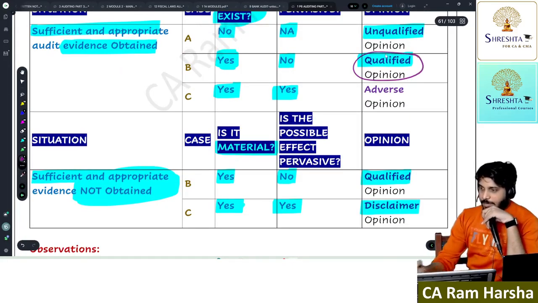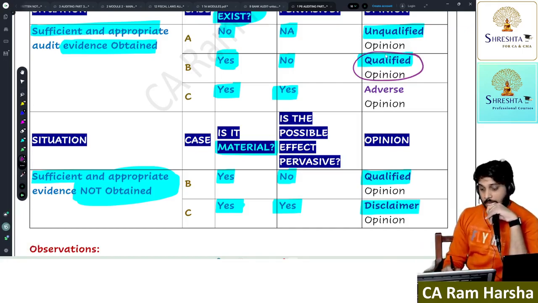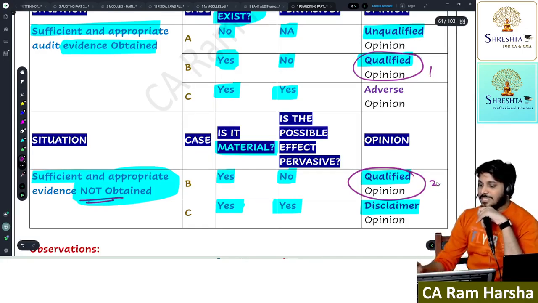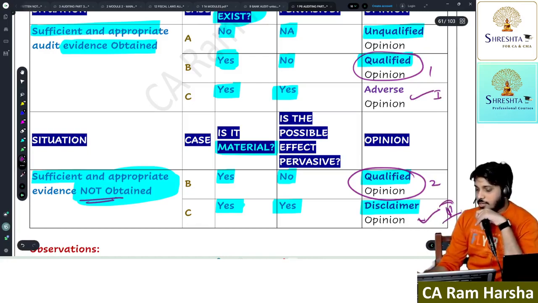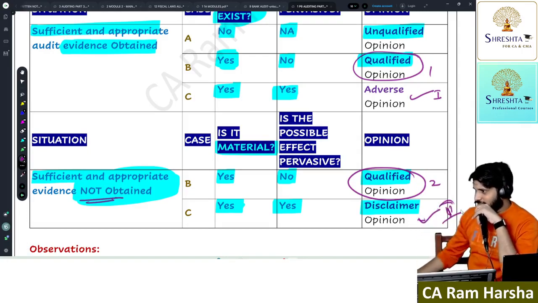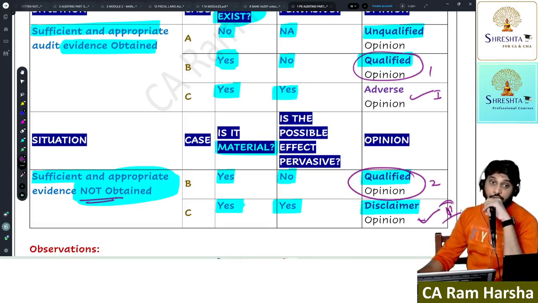When evidence is obtained, that is one scenario. Evidence is not obtained, here also qualified. Yes or no? So qualified opinion came twice, whereas disclaimer came only once. Adverse also came only once. Unqualified opinion also comes only in one situation. But qualified opinion has two situations.